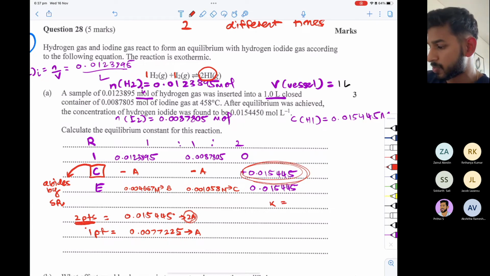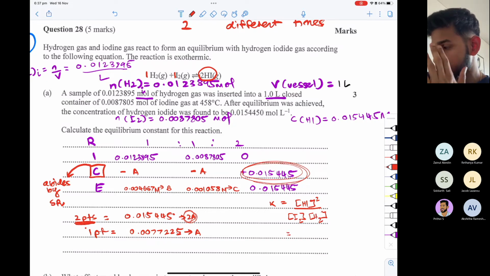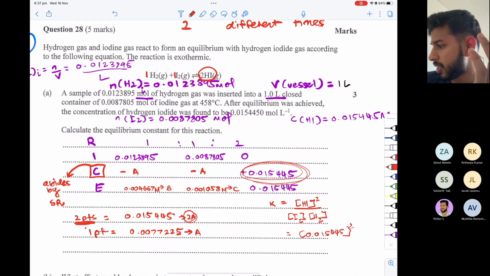So now we just write our expression. What is the expression for K? Ritanya? HI to the power of 2. Yep. And then I2 times H2. Good. And when you sub all this in, you're just going to be subbing in 0.015445 squared.